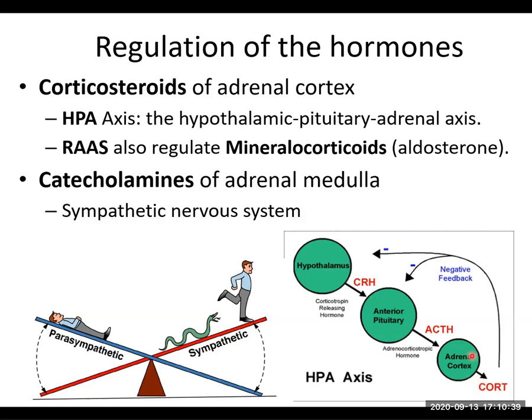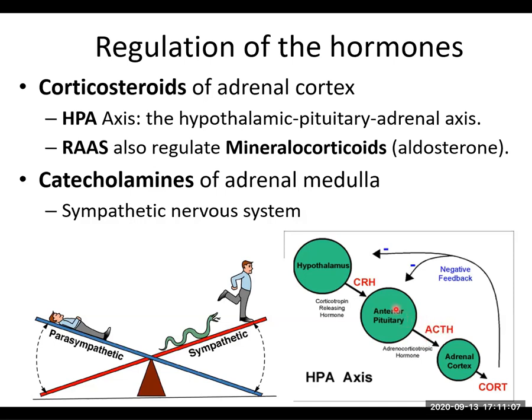This pathway can also have a negative feedback, meaning that if our body produces too much of the corticosteroids, because in the corticosteroids, 75% of those hormones are cortisol. So if our body has too much of the cortisol, it will send a negative feedback to the hypothalamus and the pituitary gland to reduce the production of the ACTH.